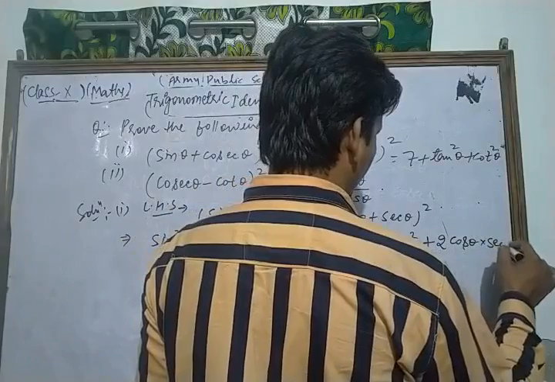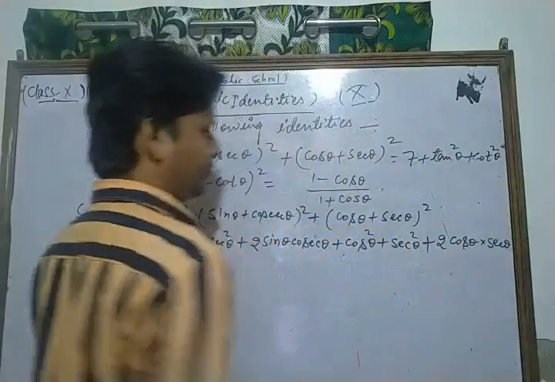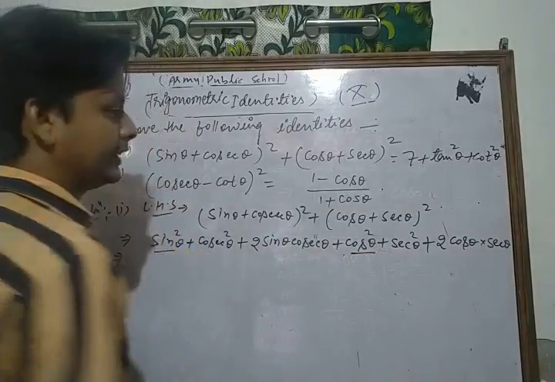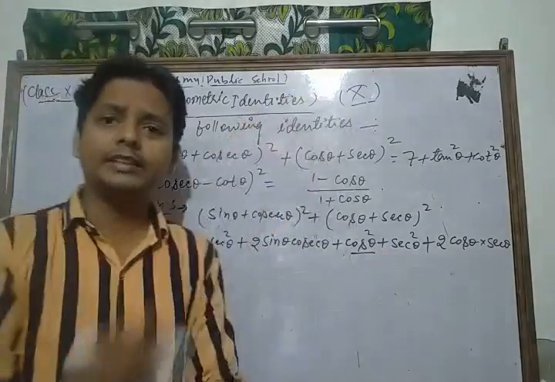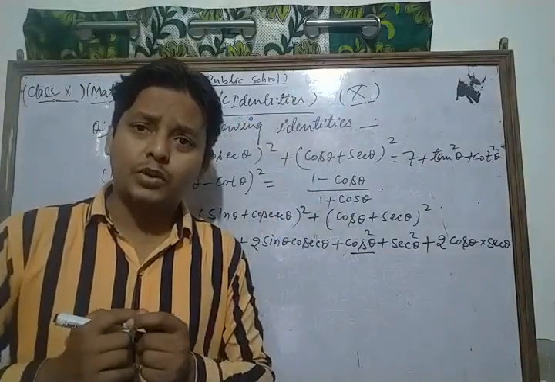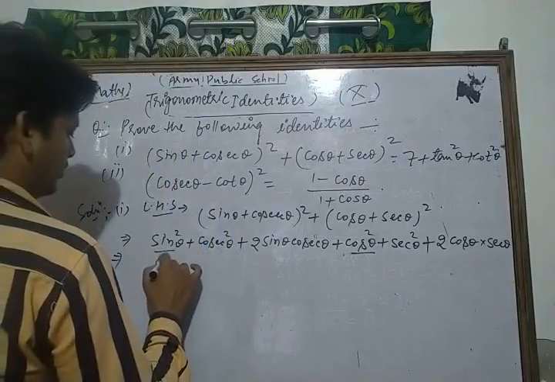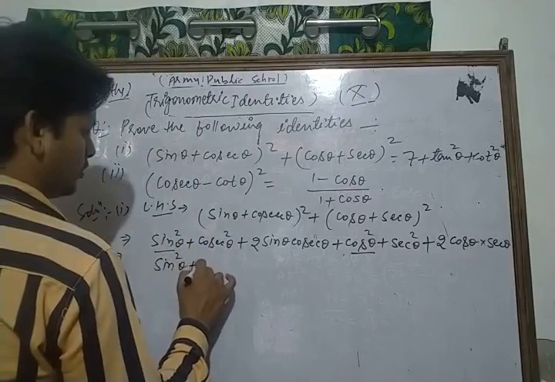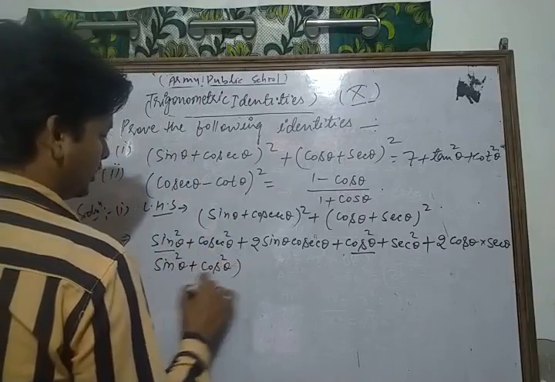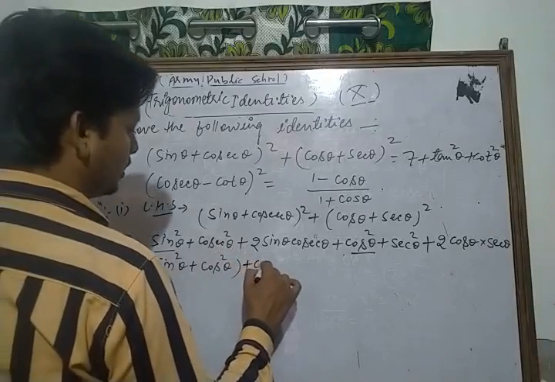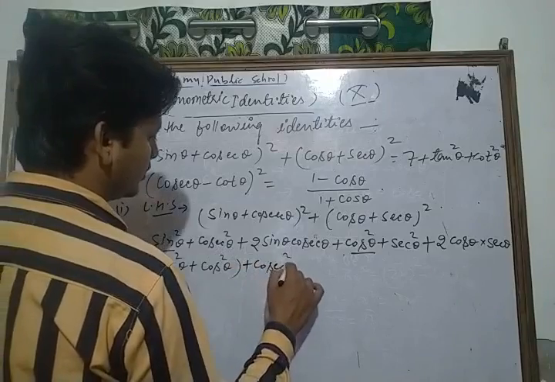Now look, take sin square theta and cos square theta together, because we know that sin square theta plus cos square theta is equal to 1. Cosec square theta we write as it is.